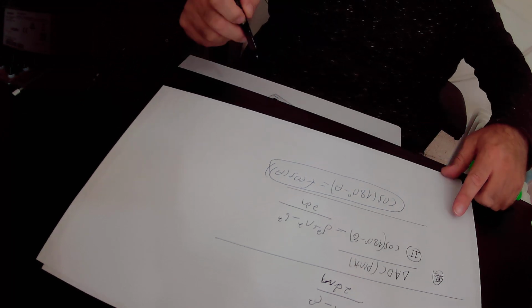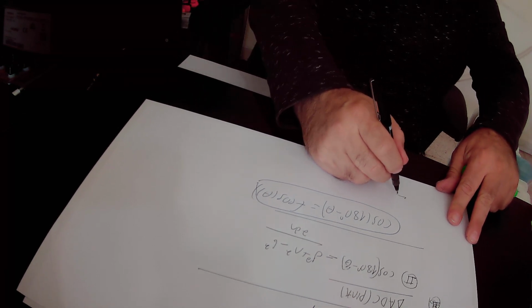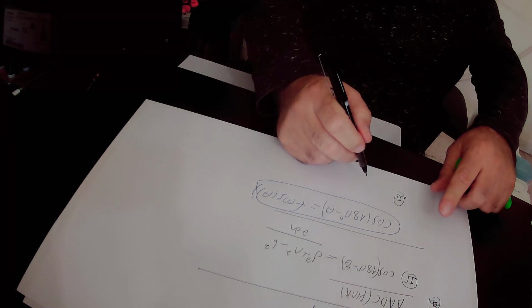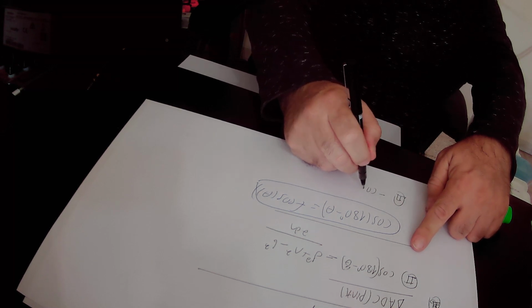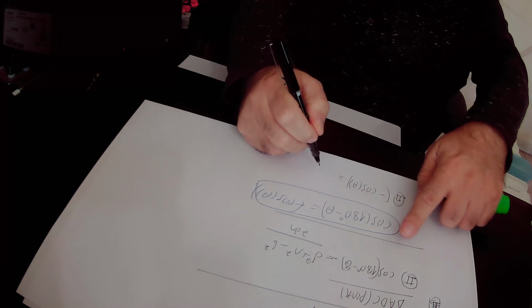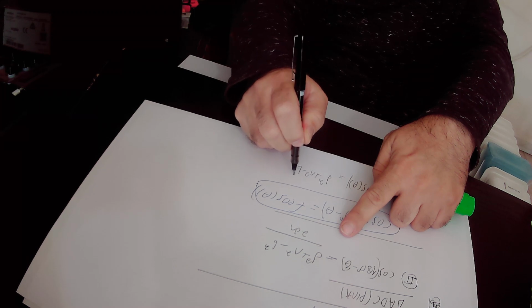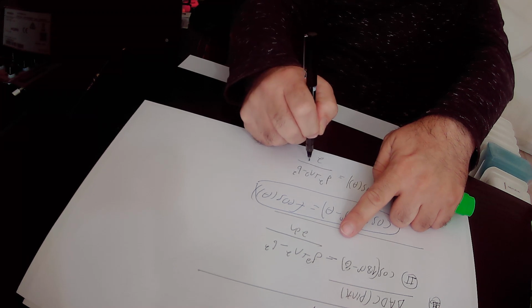We will do it now. According to equation number 2, cosine 180 degrees minus theta is minus cosine theta, and it equals d squared plus n squared minus b squared over 2 times d times n.